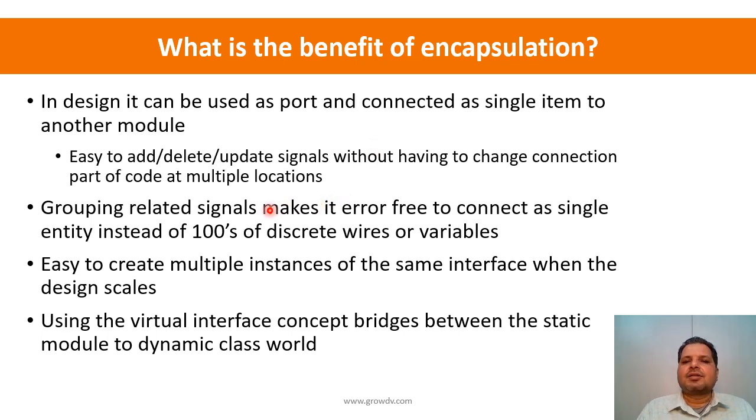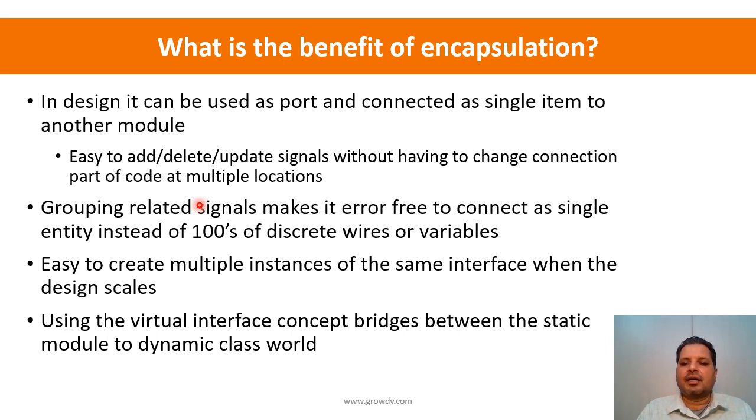And the second thing is, that's one thing from the module point of view, that you are declaring a named bundle of wires. And second, when those have to be connected, they can just be implicitly connected as a single wire as well. So instead of dealing with hundreds of discrete wires or variables, where you have a chance of making a mistake when you try to connect manually, when you connect it as one single unit, there is very little chance that a mistake can happen.